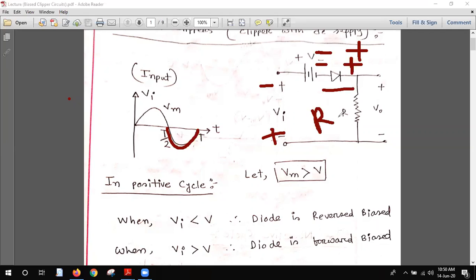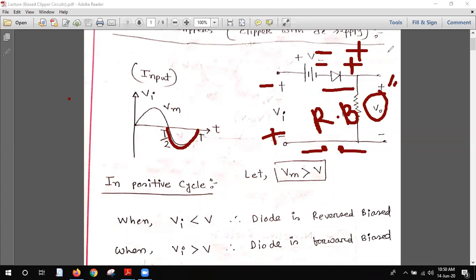In the positive cycle they were contradictory, with the DC supply working in one direction and the input voltage in another. But in the negative cycle, both voltages work against the diode, keeping it in reverse bias. When the diode is reverse biased, it becomes like an open circuit, so there is no current in this circuit. So the output voltage VO will be absolutely zero.